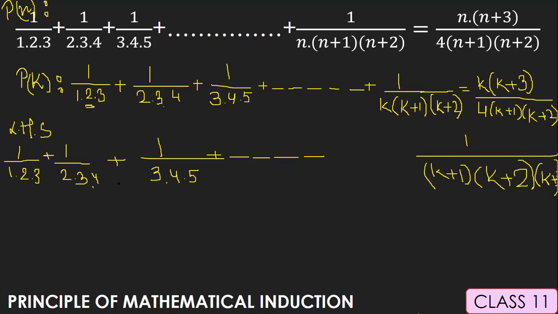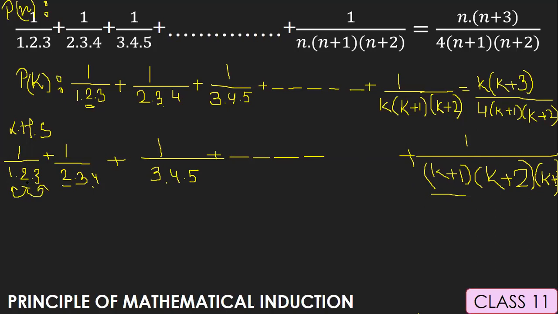So here, the fraction before this fraction would be, as you could see, 2, 3, 4. That means the first number would become the second number in the previous fraction. That means your first number would become the second number in the previous fraction. And you need to write the preceding number to the second number and the succeeding number to the second number.